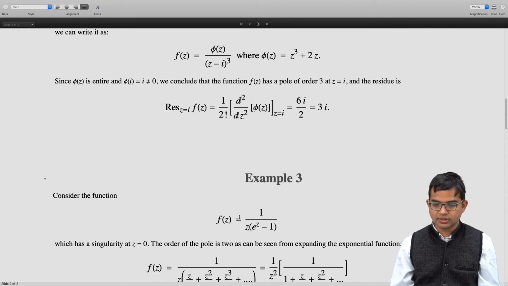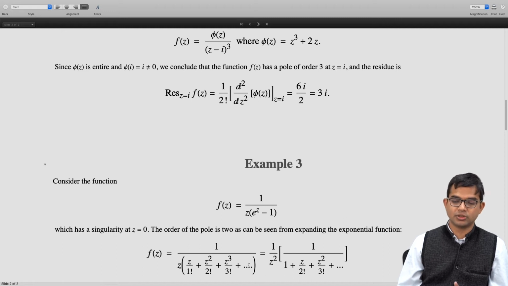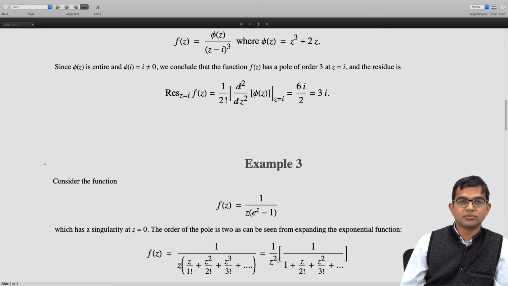In this case, for example, you see that the function f of z can be written as 1 over z times e to the z minus 1. The 1 goes away, and so you're left with just z over 1 factorial plus z squared over 2 factorial plus z cubed over 3 factorial, and so on. Then you can pull out a 1 over z from the second of these factors, and so you get 1 over z squared times a function which clearly does not have a singularity at the point z equal to 0.